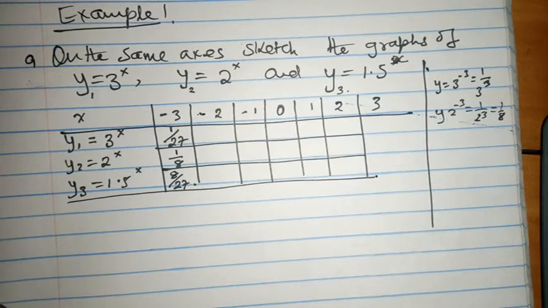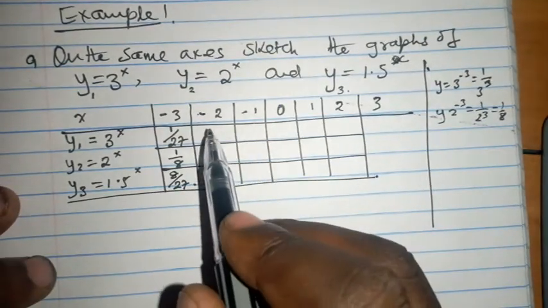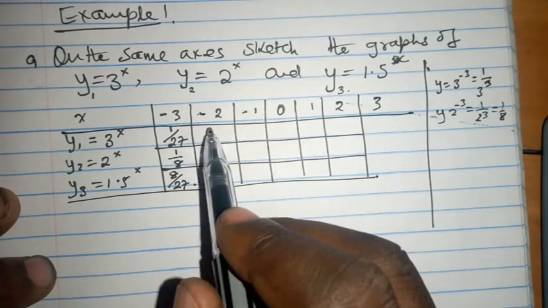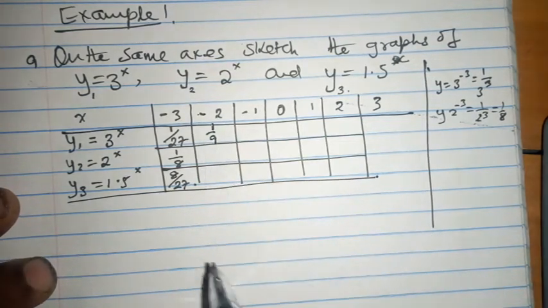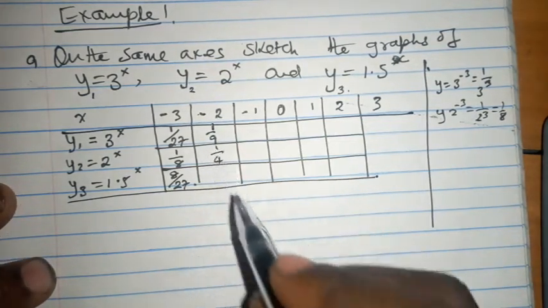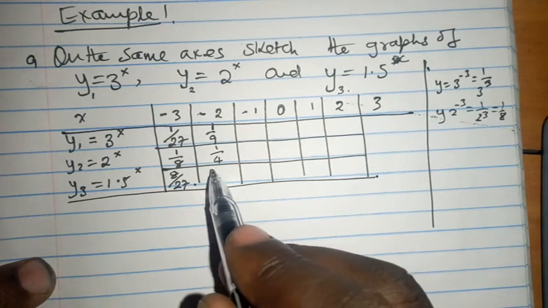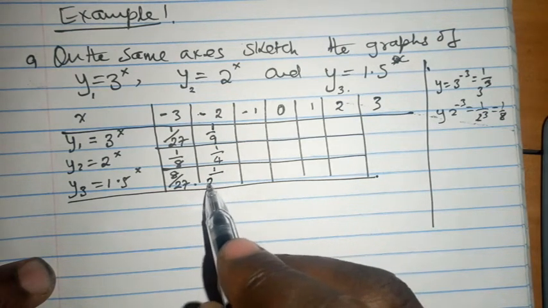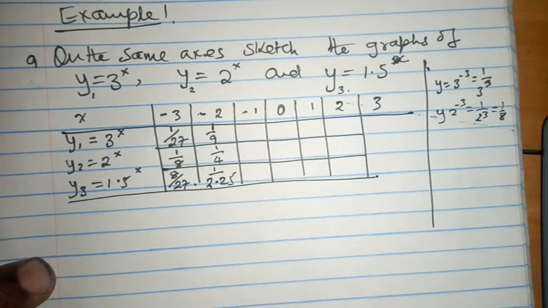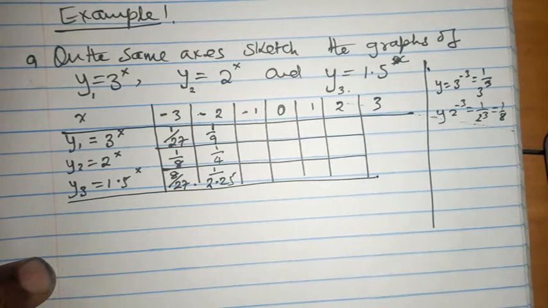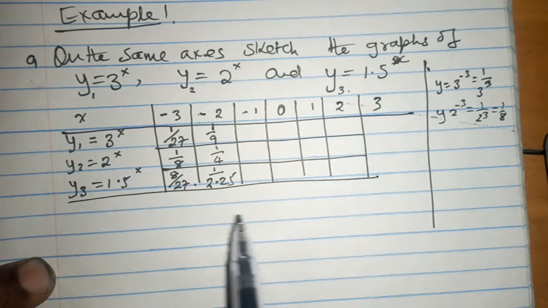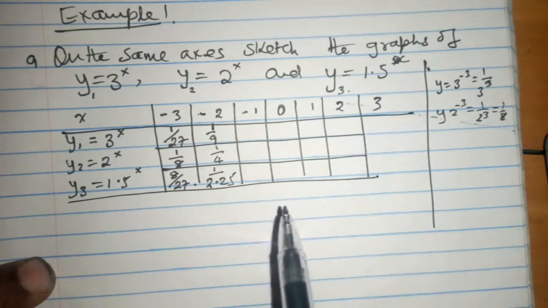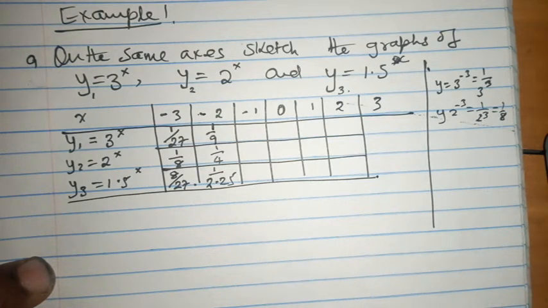When x is minus 2, this is 1 over 9, this is 1 over 4, this is 1 over 2.25, because we are going to have 1.5 raised to power minus 2, which is 1 over 1.5 squared.